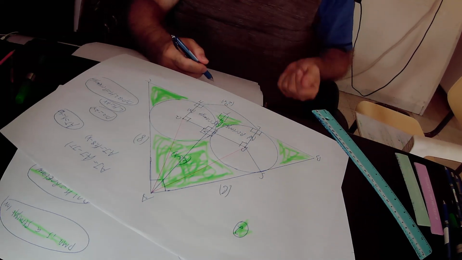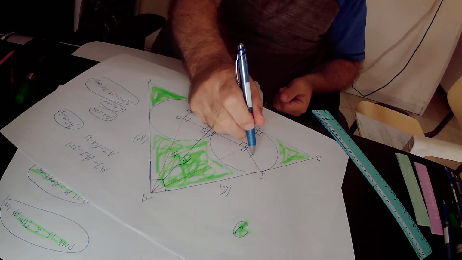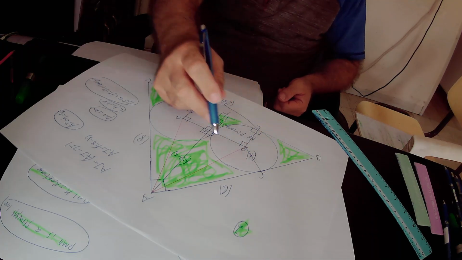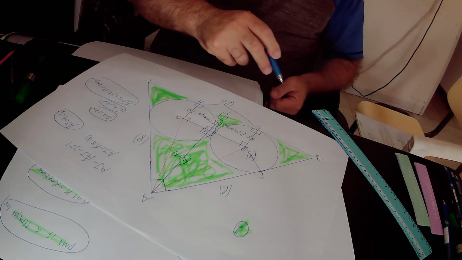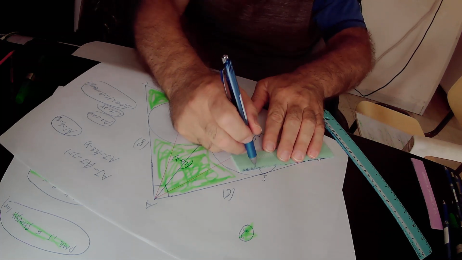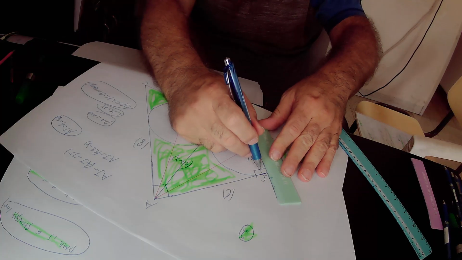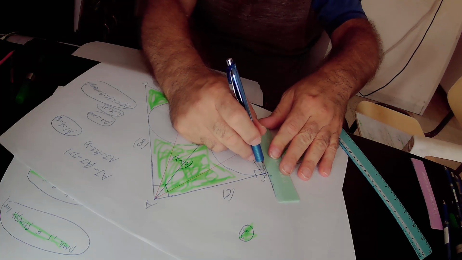PS is of course the radius of this circle, equal to x. Point S is the point of tangency of tangent AB with this circle. Therefore, according to rule 1, this angle equals 90 degrees, and this angle equals 90 degrees.